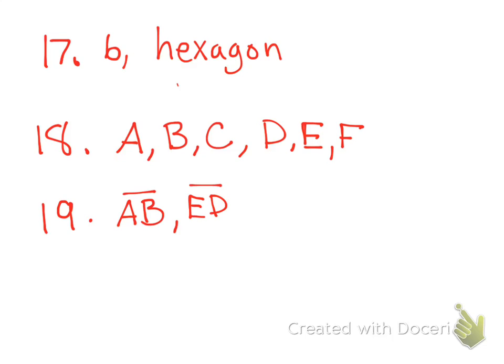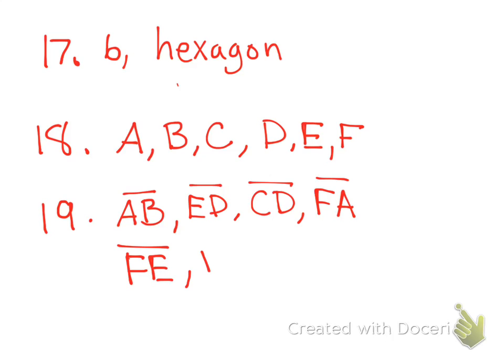Another one? CD is another one. Good. That's 3. We need 6. FA, good. You guys are kind of all out of order, so try to find the ones we don't have. We don't have FE and BC, good. That's 6, right? All 6 of them?